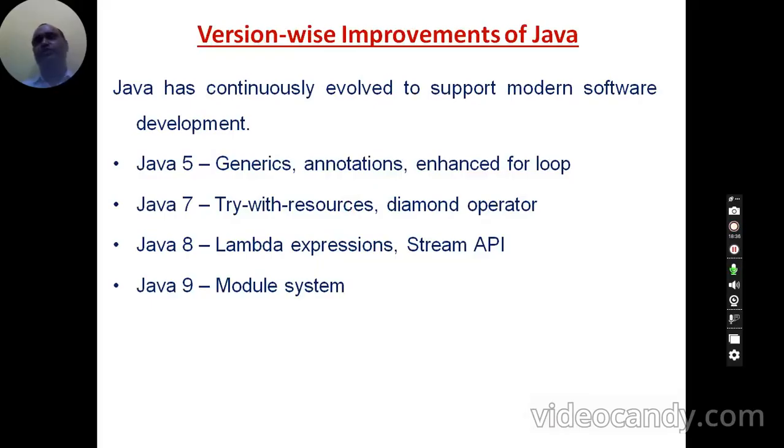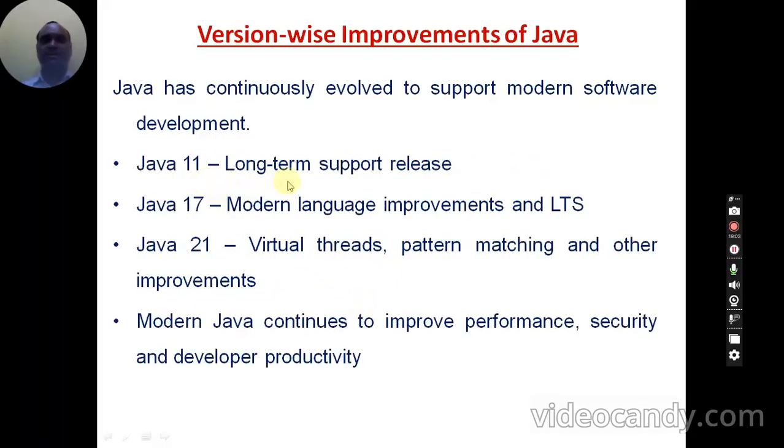In every new release, new features are added to Java. Some of the new features added in different versions: Java 5 contains generics, annotations, and the enhanced for loop. Java 7 contains try-with-resources and the diamond operator. Java 8 contains lambda expressions and stream APIs. Java 9 contains the module system. Java 11 contains long-term support.